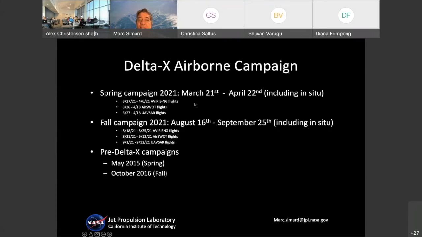Coincidentally, the spring campaign was during the low vegetation biomass, but high discharge, and in the fall campaign, we had low discharge, but high biomass. So we have 2 very different hydrodynamic contexts here to deal with. So we really try to capture the range of conditions of this system.